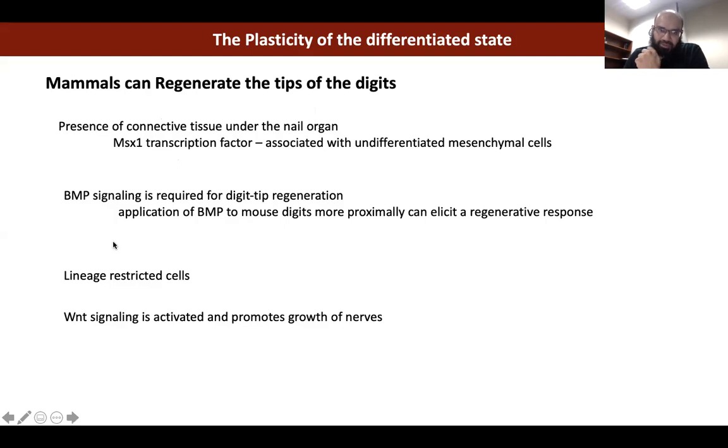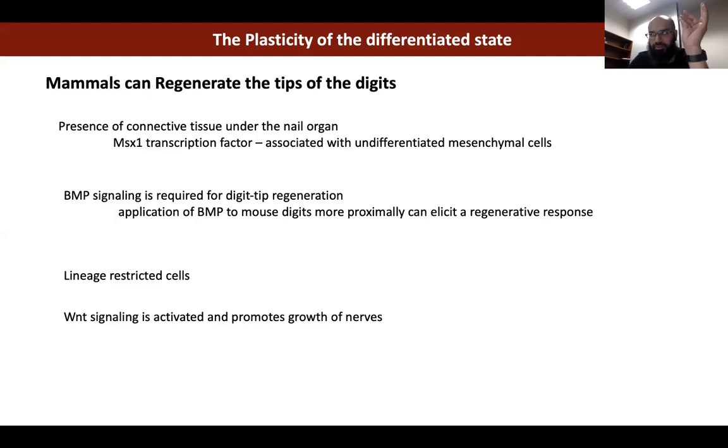Then BMP signaling is also required for digit tip regeneration, and it was shown experimentally that application of BMP to mouse digits more proximally can also elicit a regenerative response. But the important thing is that these undifferentiated mesenchymal cells are lineage restricted cells, so they cannot grow into any organ at will.